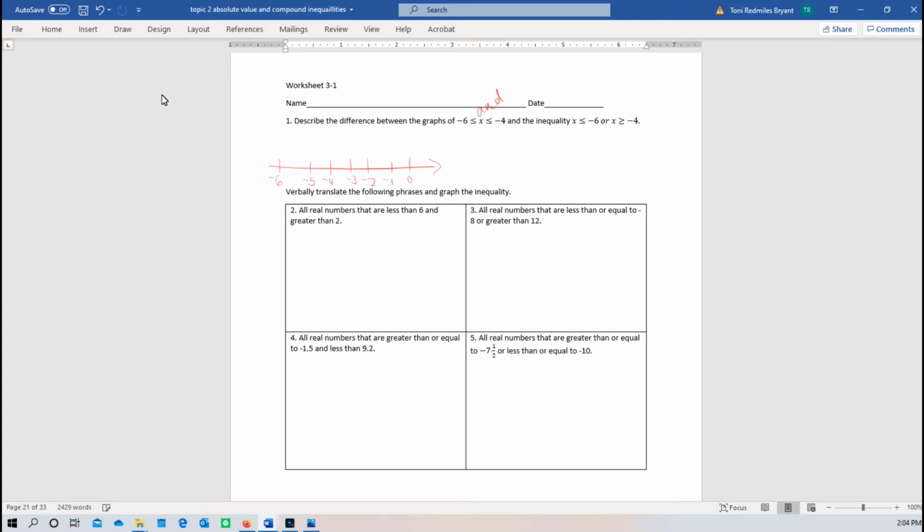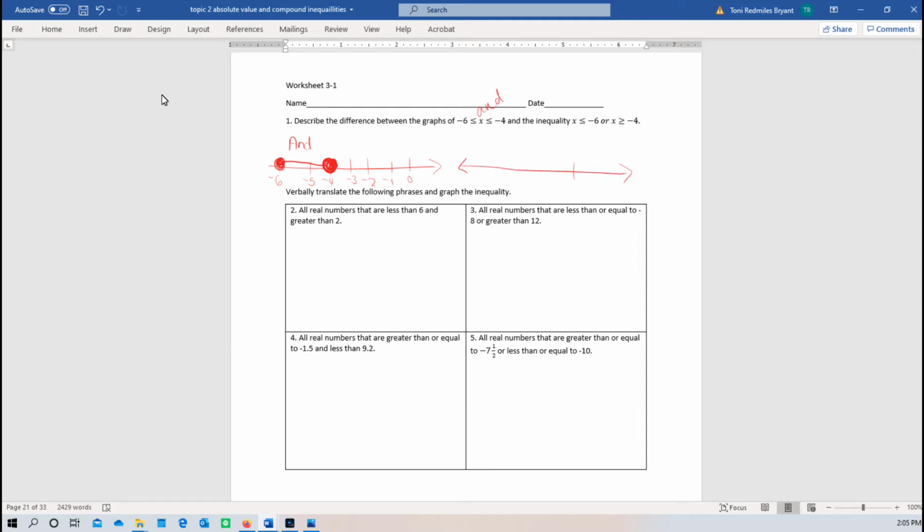So x has to be in between, greater than -6, but we have to stop brick wall at -4. Okay, has to be those values in between, and it also has the little line underneath it, so it's equal to. This is an and. Now an or shows two completely different conditions.